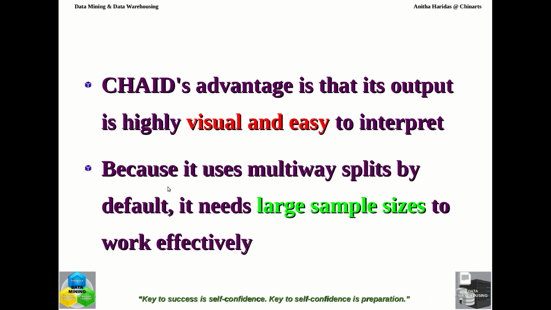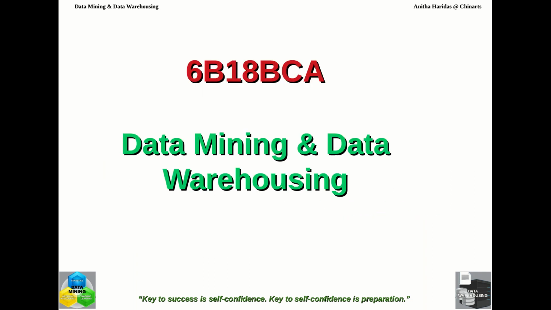And since it uses multi-way splits also, it needs a large sample size. By default it goes for multi-way splits, so it needs a larger sample size for an effective and efficient decision tree. So these are the different decision tree construction algorithms.